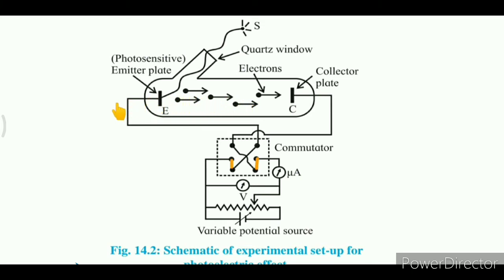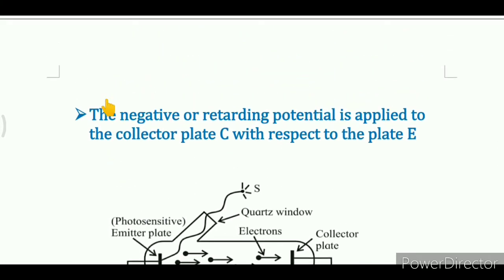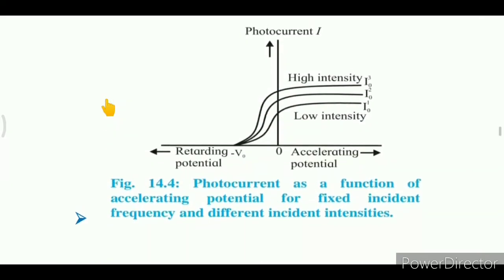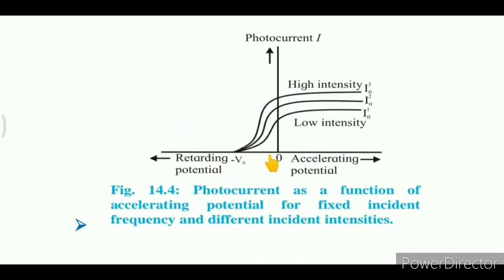That means the photoelectrons do not reach the collector plate, and hence the photoelectric current is reduced. In this diagram you can see that as the negative potential increases, the photoelectric current decreases. The reason behind that I explained here.